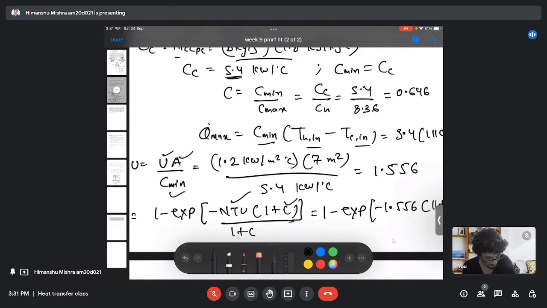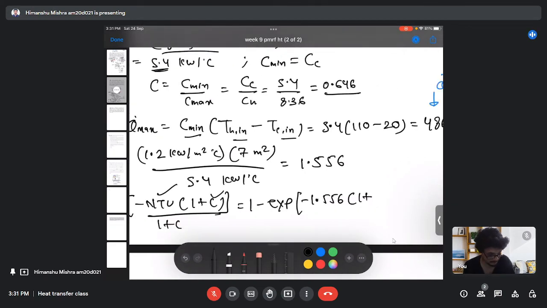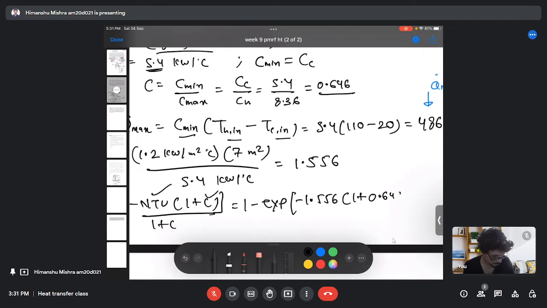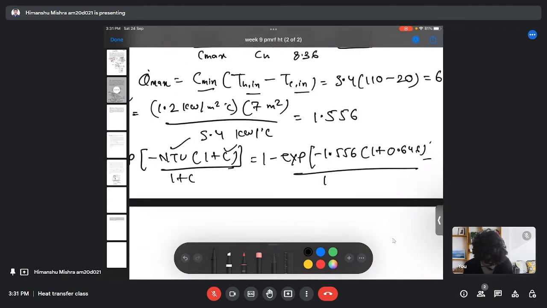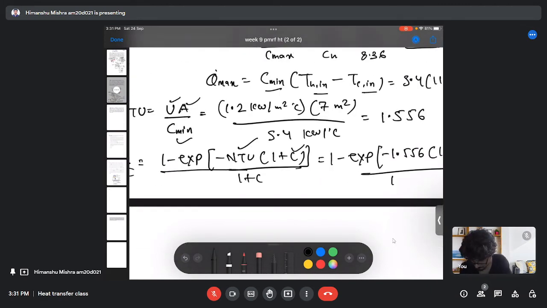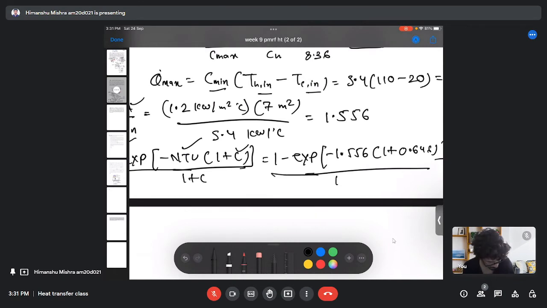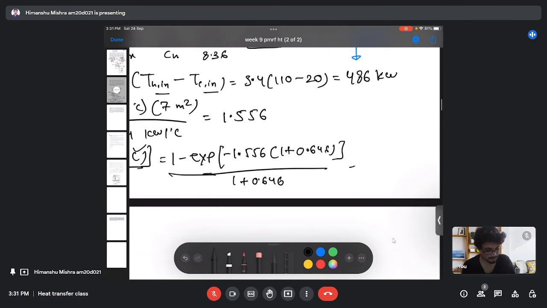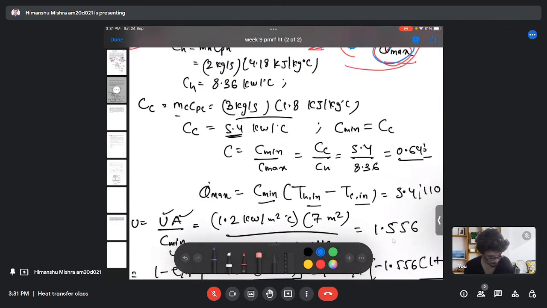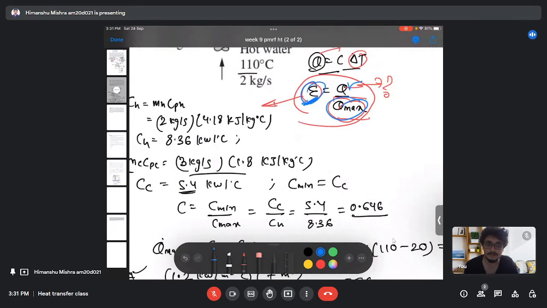So my ratio is 0.646. So on calculating this expression, we will get the effectiveness of 0.56. So we now found the effectiveness.